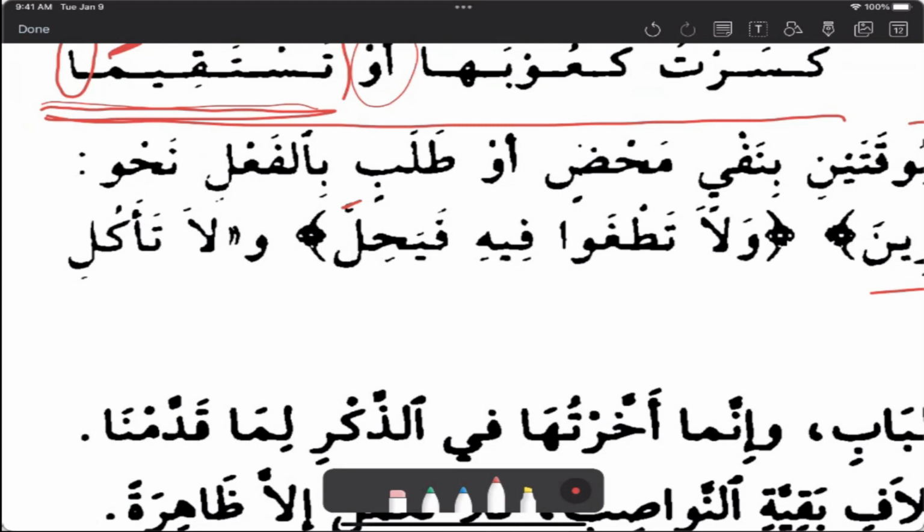And you need to open your mind here to benefit. What are you opening your mind to? All what we're talking about now, in the rest of this chapter, and also what's coming, we're going to talk about the jazms, also what makes the verb majzoom. These particles come with meanings. You're going to learn many meanings.